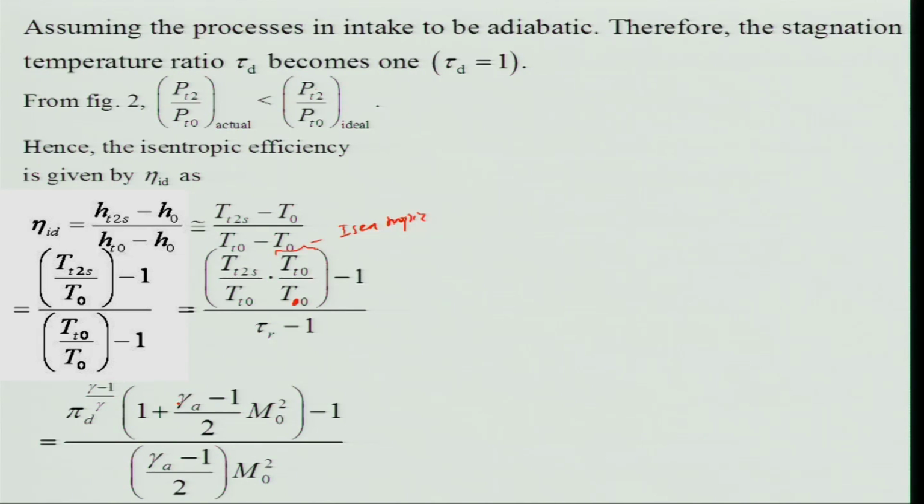So, therefore, I can write down, and this is nothing but Tt2S divided by T naught, this is nothing but pi d to the power gamma minus 1 divided by gamma. Keep in mind that here it is gamma A. And of course, this portion is nothing but your tau r.